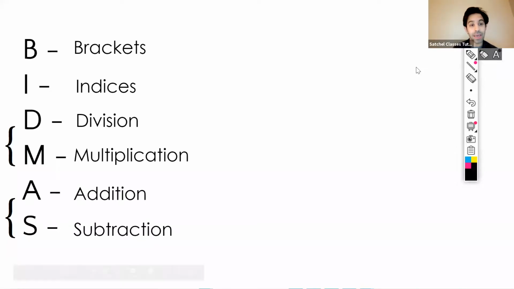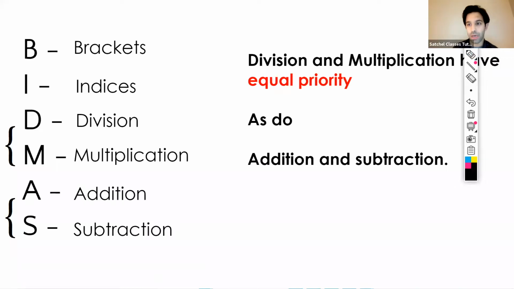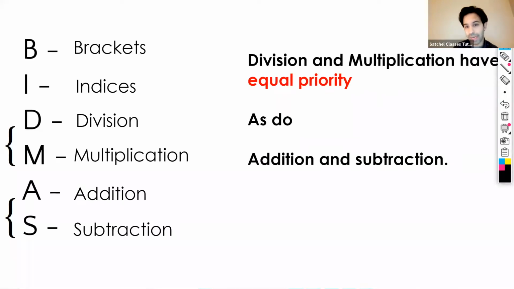So that means if we had a division and then a multiplication problem, or a multiplication and then a division problem, we would simply follow the order from left to right. We will do an example shortly. This is an important bit to recognize. I will say it again: division and multiplication have equal priority, as do addition and subtraction.